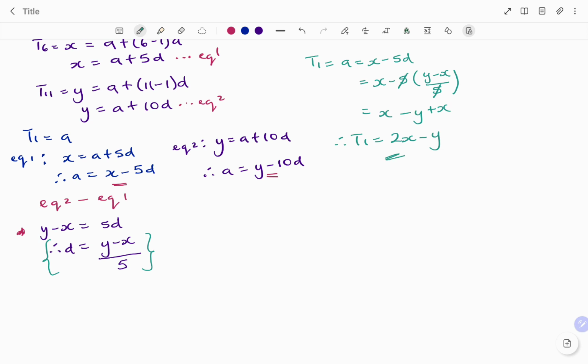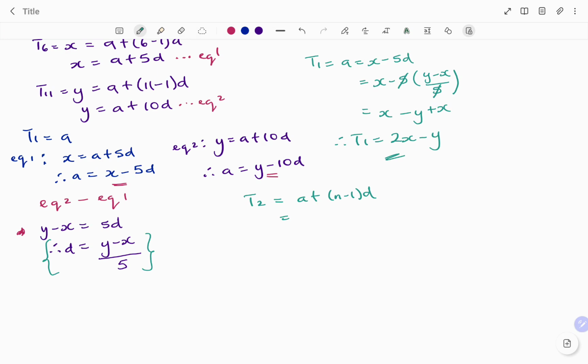To find T2, we're going to do the same thing. The second term will be equal to, using the formula, a plus n minus 1 multiplied by d, we have n to be 2, so that will be a. Substituting the value of a, we know a to be x minus 5d or y minus 10d.